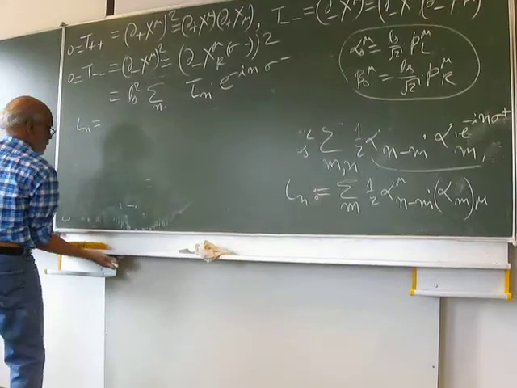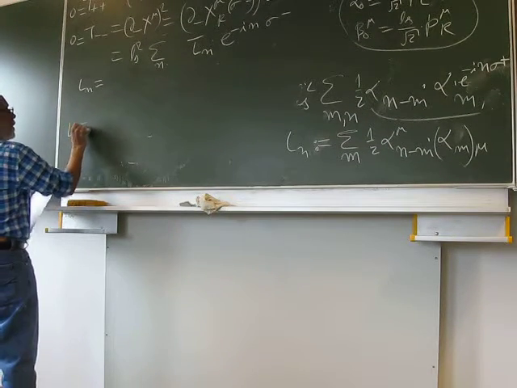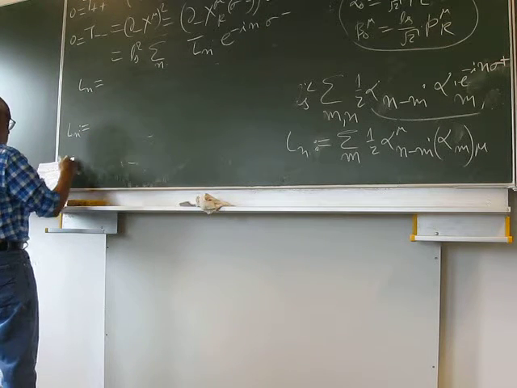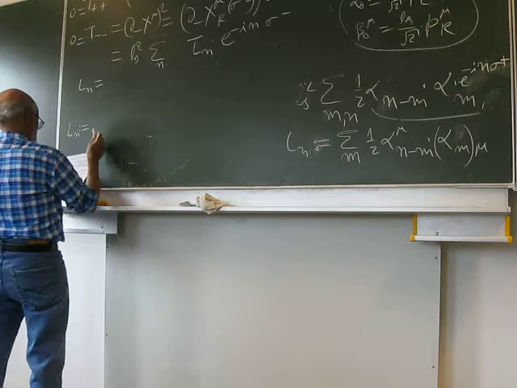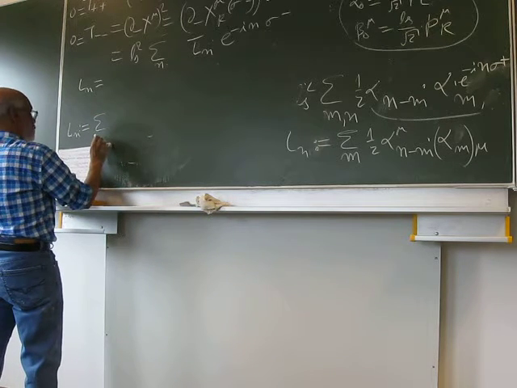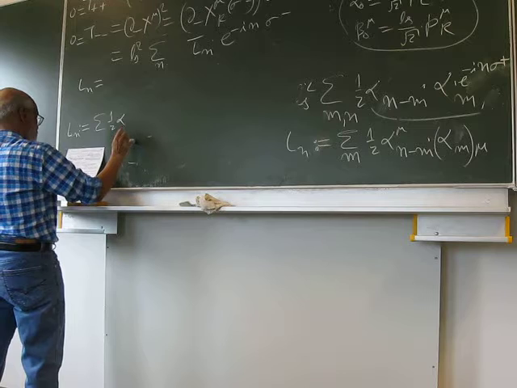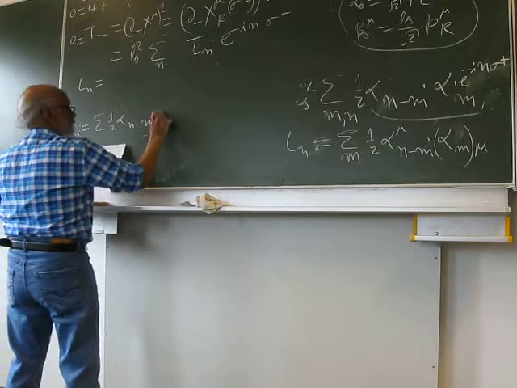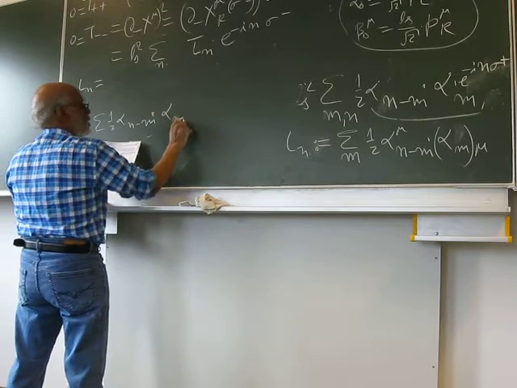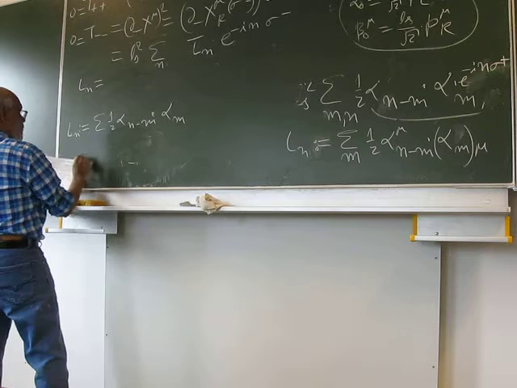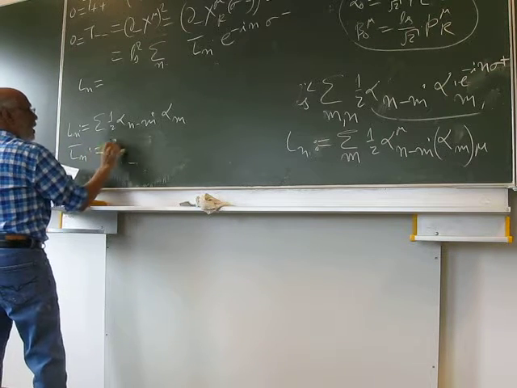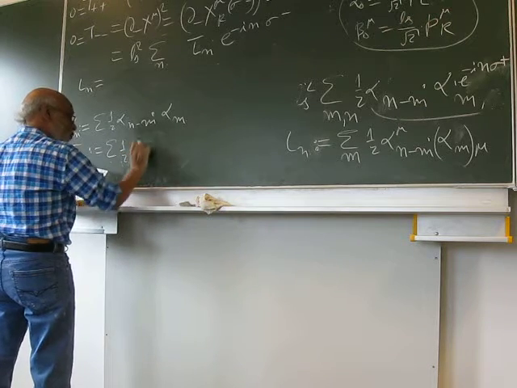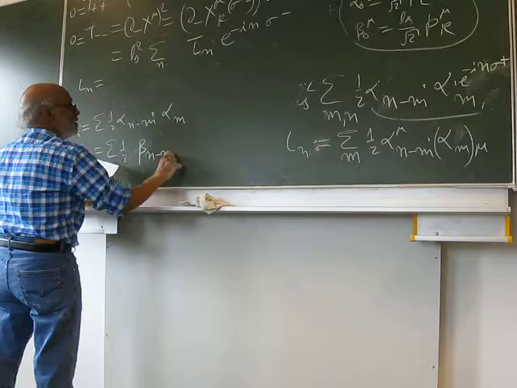So let me write L n as summation over 1/2 alpha n minus m and alpha m, and L n bar is 1/2 beta n minus m.